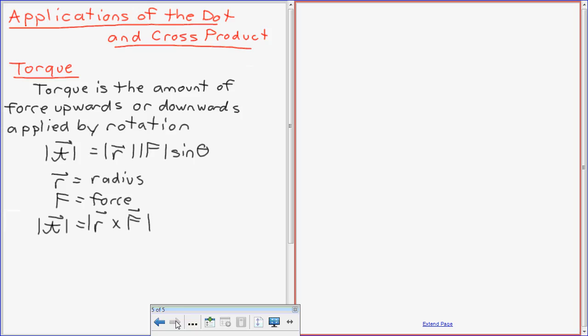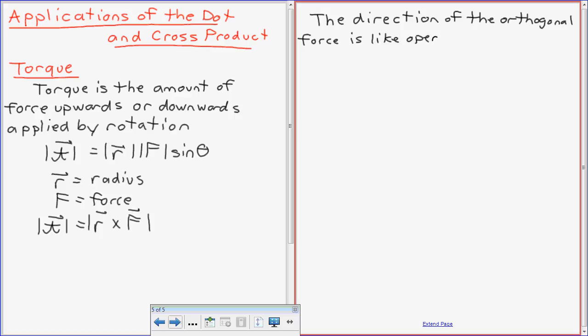Okay, another thing as far as the direction, we didn't talk much about direction, but the direction of the orthogonal force is like opening a bottle. You guys ever hear of lefty loosey, righty tighty when you're opening or closing something?